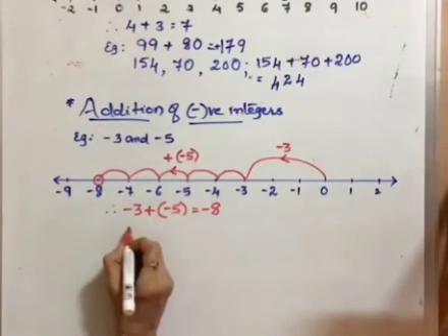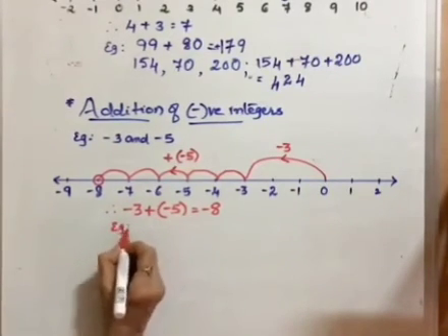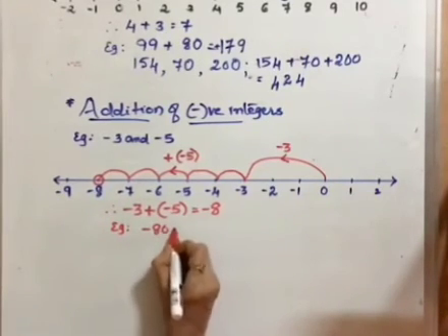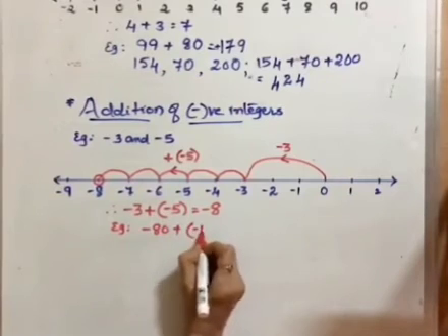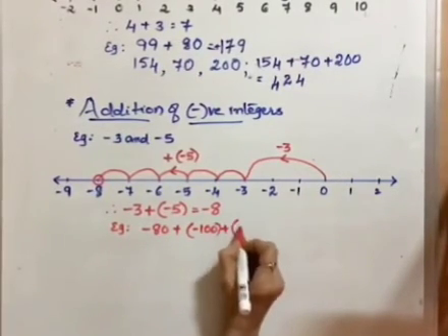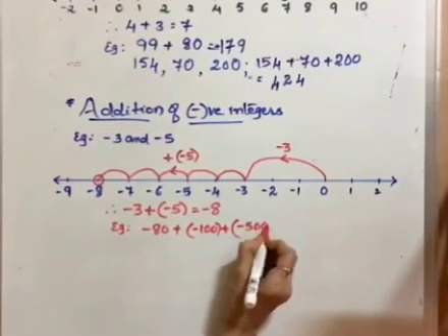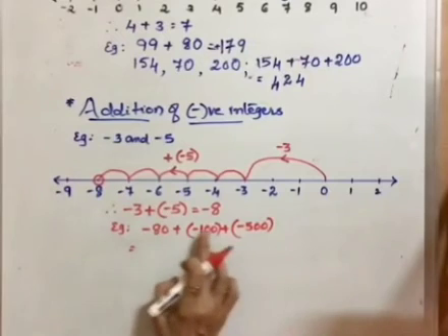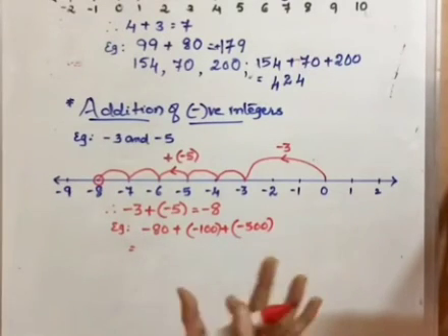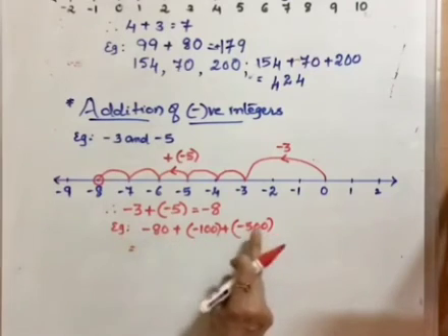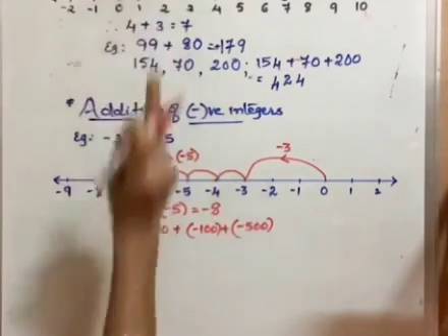Again, it's not practical for large numbers. So let me show you one more example. Let us say we are adding -80 plus of -100 plus of -500. Yes, children, can you tell me? These are all negative numbers, so we are still going to add because all are negative. All are negative numbers, or all are positive numbers.